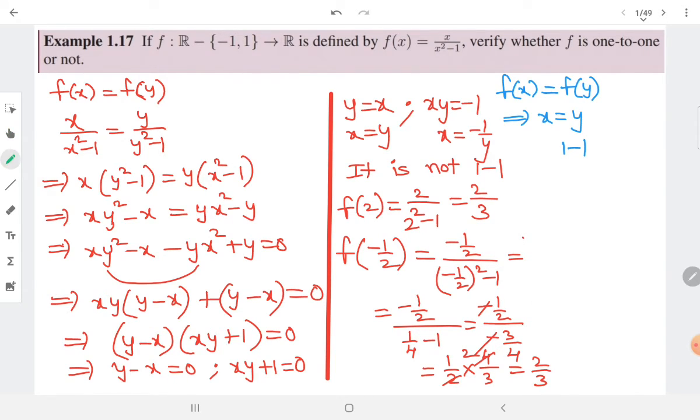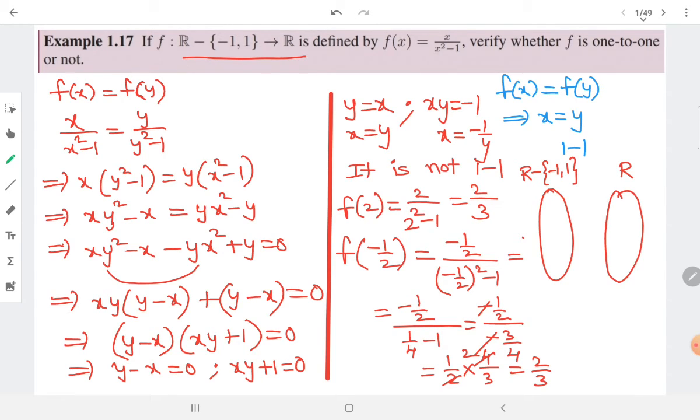If I show this by taking a Venn diagram, you will find it very easy. Here the domain is all real values except plus or minus 1, and for the codomain we can take all reals. If I take 2, I am getting 2/3. Suppose I take −1/2 here, and even for −1/2 I am getting the same value, 2/3. So two different elements.